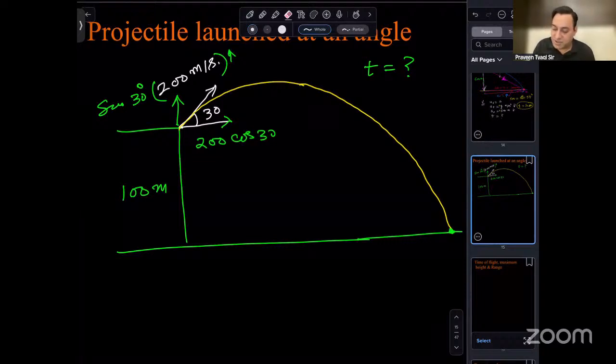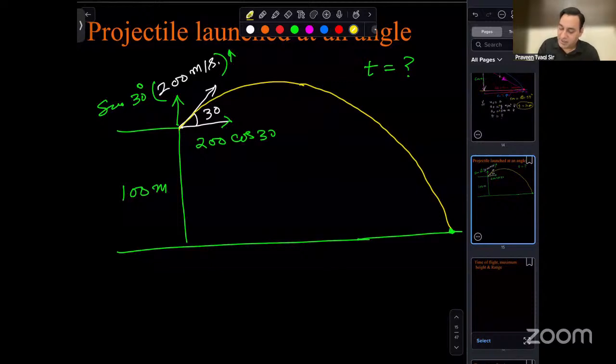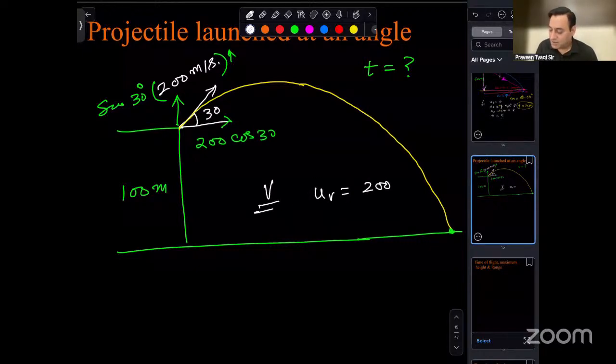If you pay attention, for vertical motion, initial vertical velocity is how much? 200 sine 30 vertically upwards. Acceleration in vertical direction is 10 meter per second square downwards. g I'm taking as 10 just to save time.